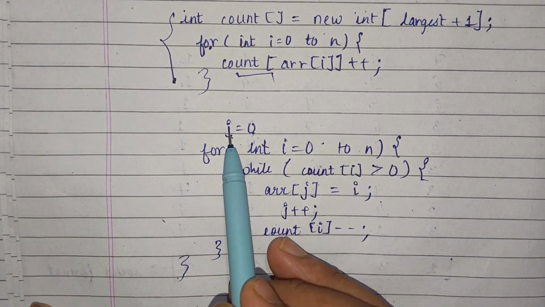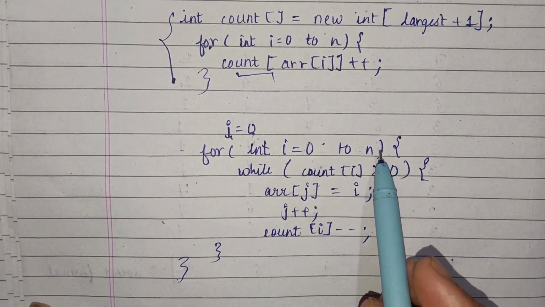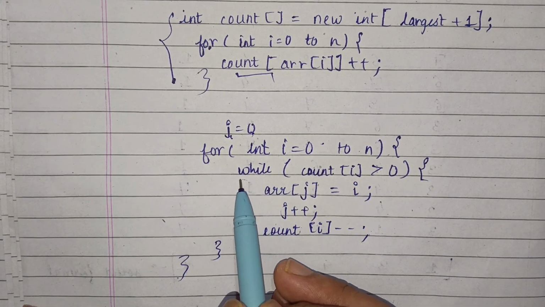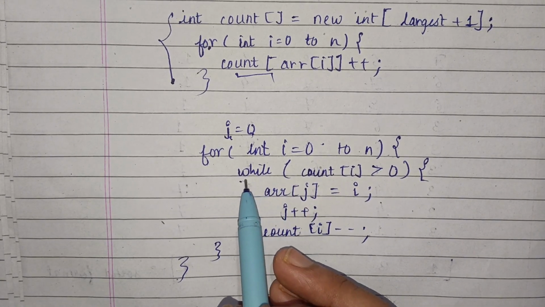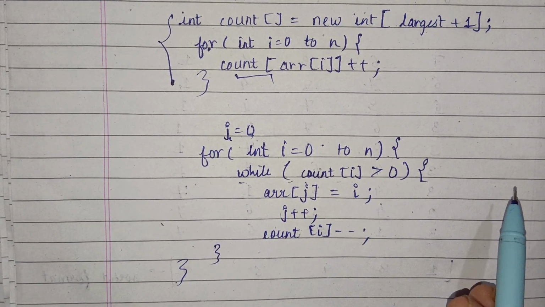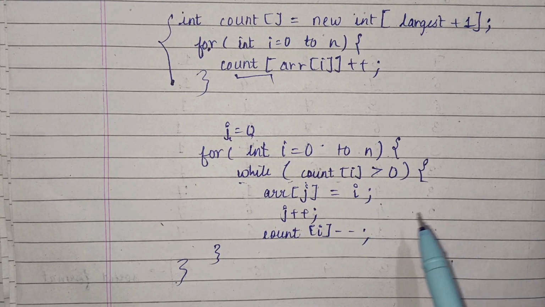So j we initialize as 0, and we have run a loop from i is equal to 0 to n, and we have run an inner loop while count of i, meaning count in the auxiliary array, should be greater than 0.